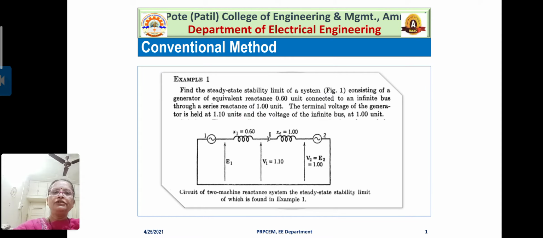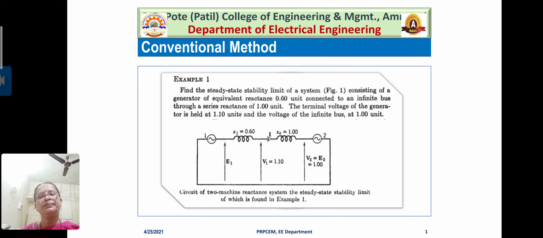now let us try to solve this problem by the conventional method, that is, use of power angle curves. For this we are going to understand to what extent the excitation voltage can be increased to improve the steady state stability limit. What are the different methods for improving steady state stability?